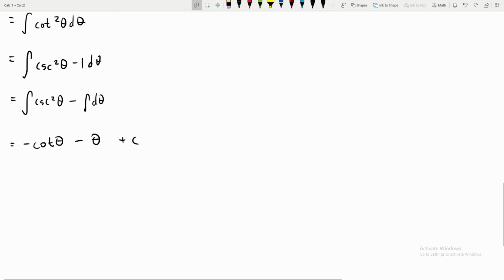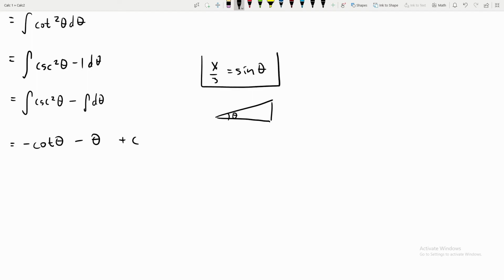Well, let's take a look at the initial substitution that we made. It was that x over 3 is equal to sine theta. One way of putting this, if you remember anything about angles and geometry, if this was the angle, then what this expression is saying is that sine is the opposite over the hypotenuse.